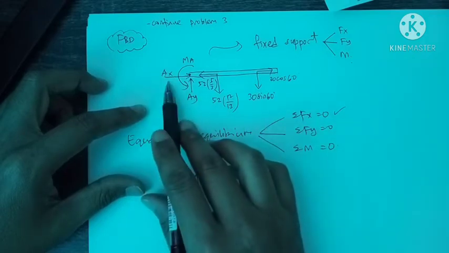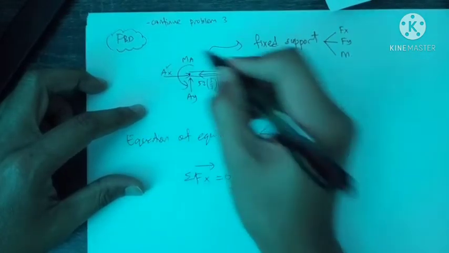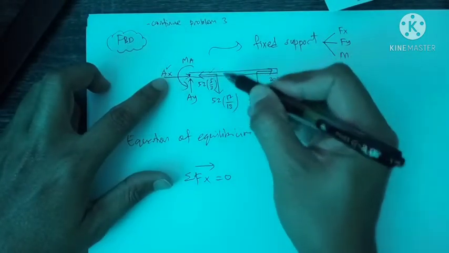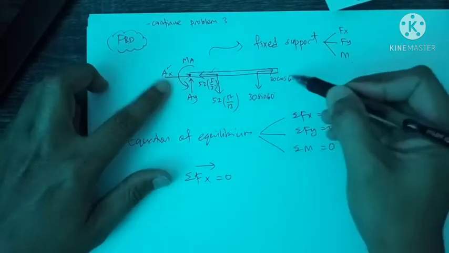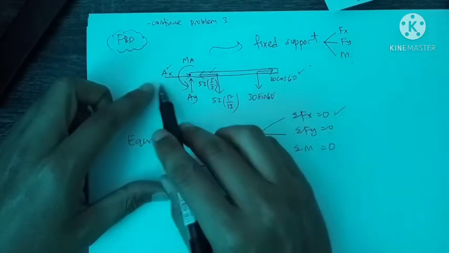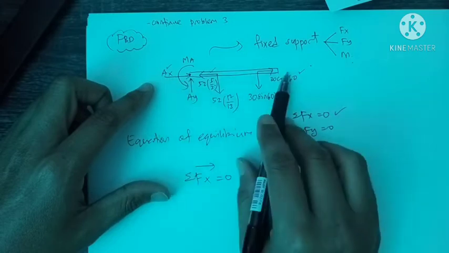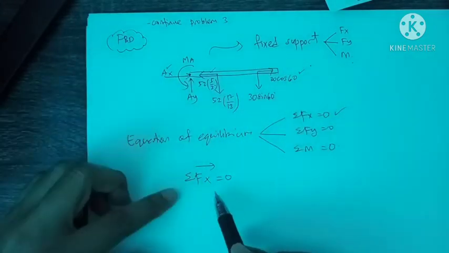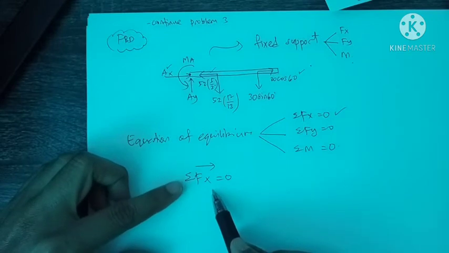We have AX, and then we have this force 52 5/13, and then we have this force 30 cos 60. So there are three forces here that act in X direction. So we collect all of them and put them in this equation of equilibrium.